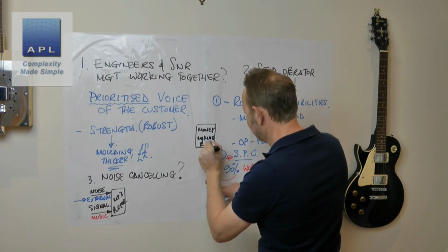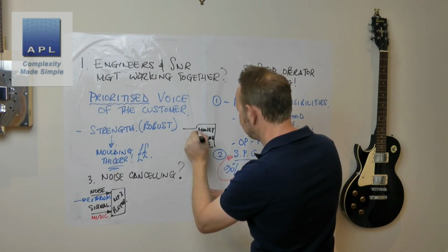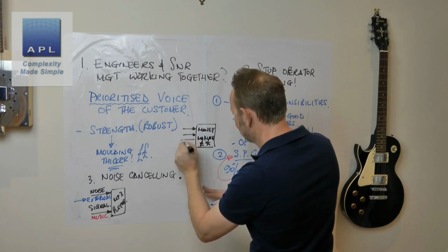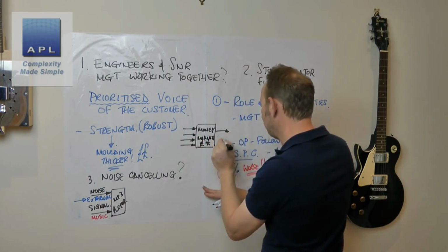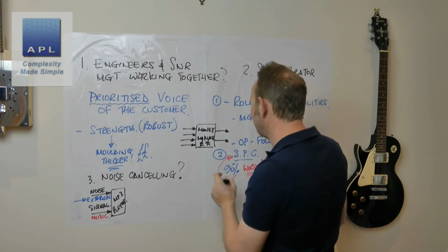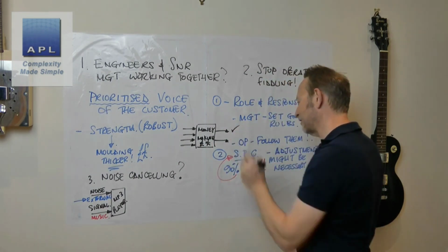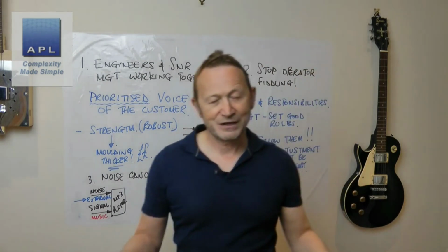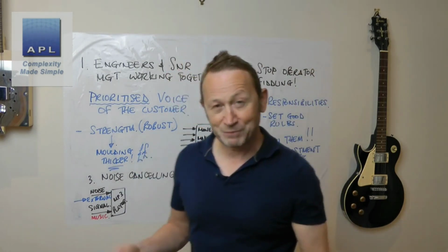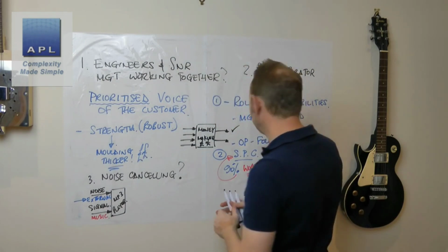So we're going to make some money here. I've got inputs coming in. I've got an output, maybe two outputs, maybe three outputs coming out. I'm trying to please the customer at this side. How do you noise cancel in a manufacturing system? Well, it's very simple. You just cancel the bloody incoming noise.